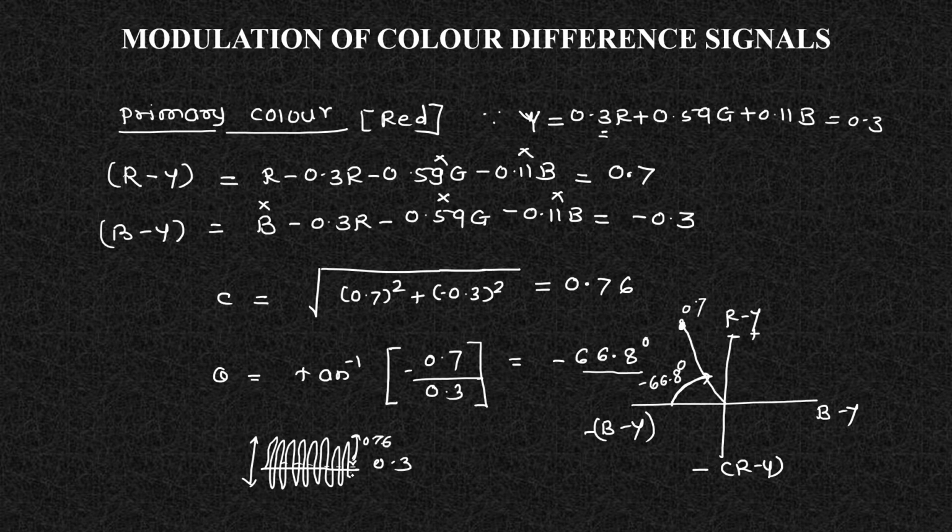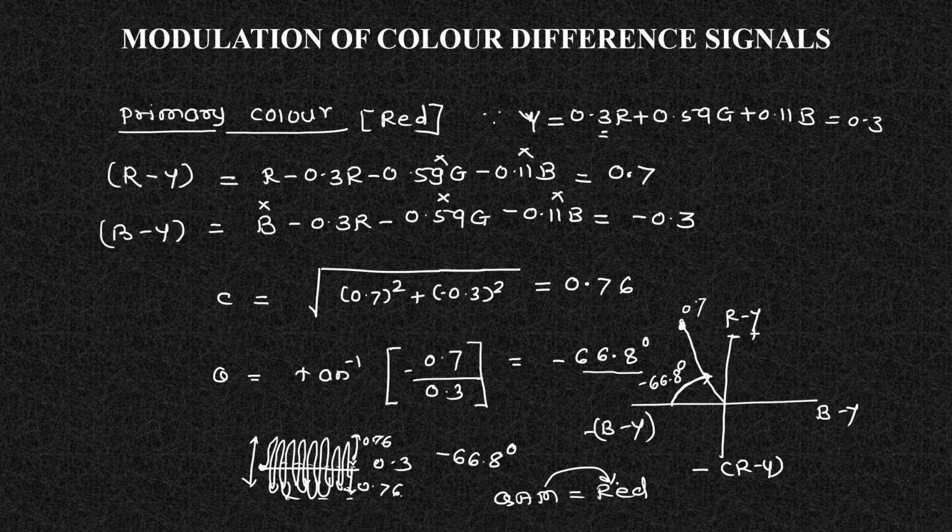I'm just showing it a little below, and this will be 0.76. Okay? Now you can say 0.3 plus 0.76 will be 1.06. So this is where it starts, which is nothing but the minus 66.8 degrees. So this is how the quadrature amplitude modulated signal for the red color signal is shown.